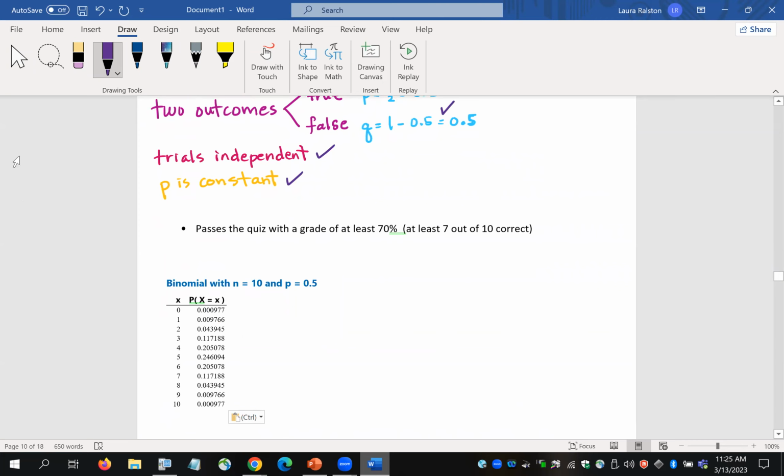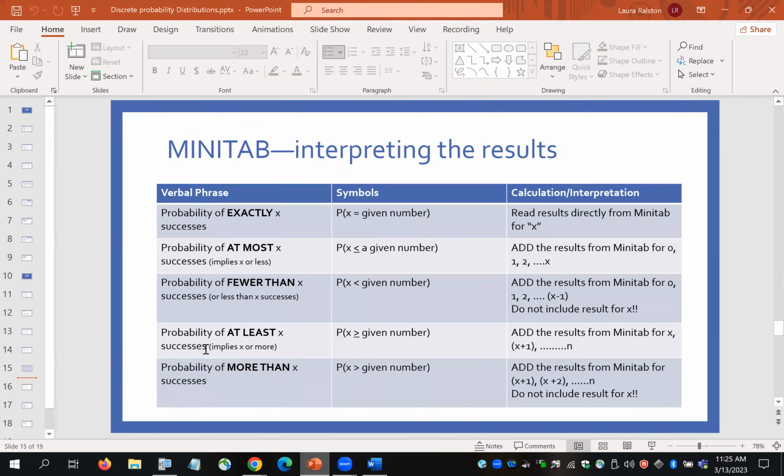It says the probability of at least 7. So at least 7 would be the probability that X is greater than or equal to 7. Again, if you go back to the table, and I keep referring you back to it, look for that phrase, at least, which implies X or more.